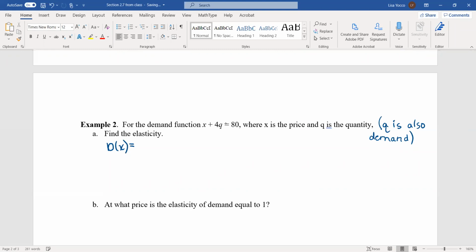We need to solve that equation for Q. So up here, first thing I'll do is subtract x, and then divide both sides by 4.